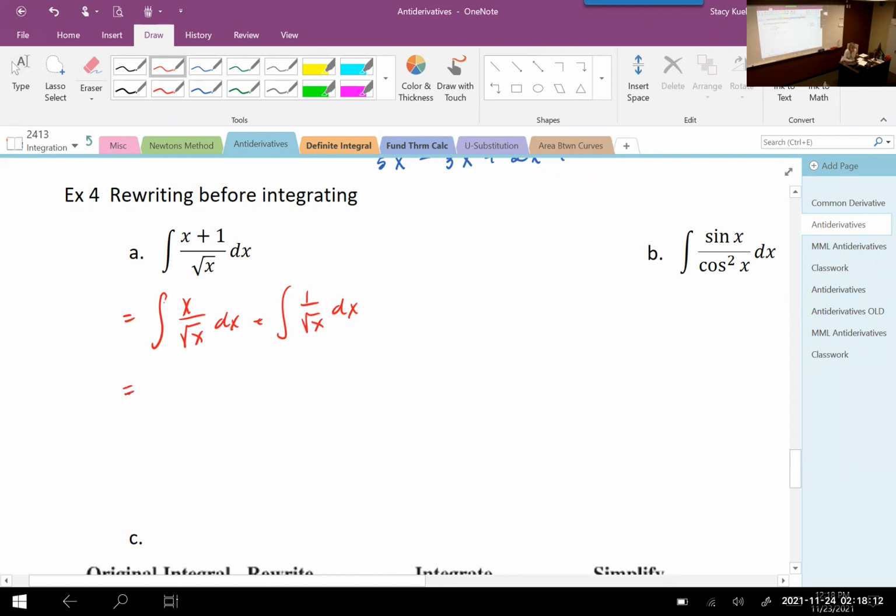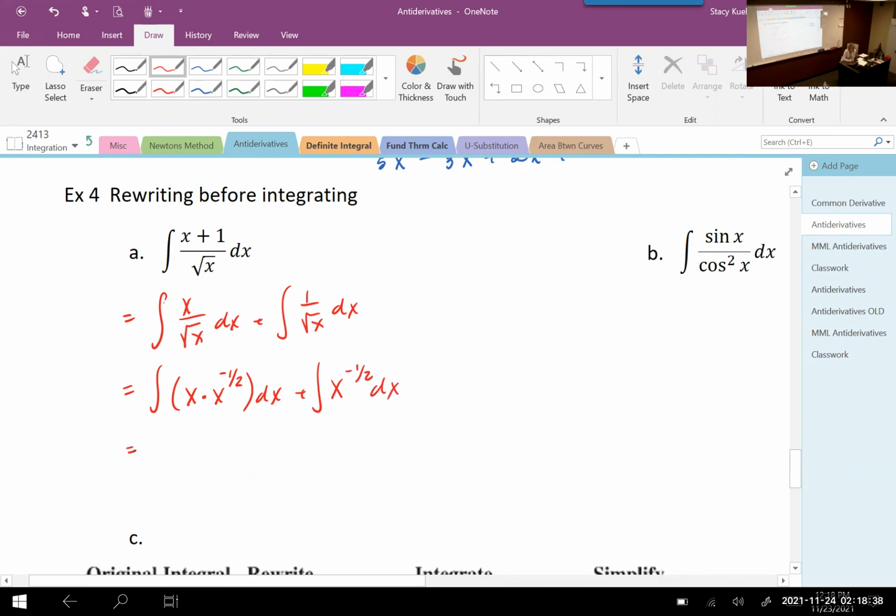And then change that from its radical into its rational form. And that's going to give me the integral of x times x to the 1/2 dx plus, and that was a negative 1/2, I should say, times the integral of x to the negative 1/2 dx.